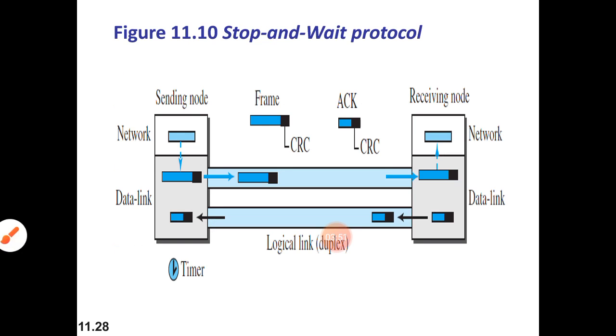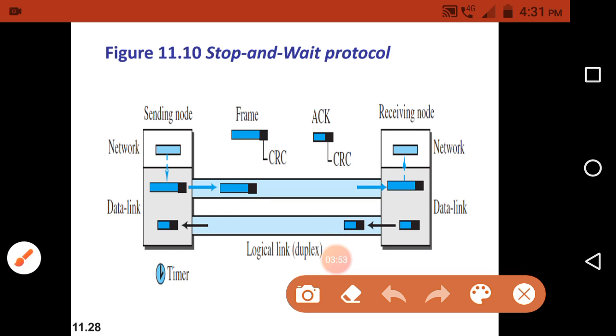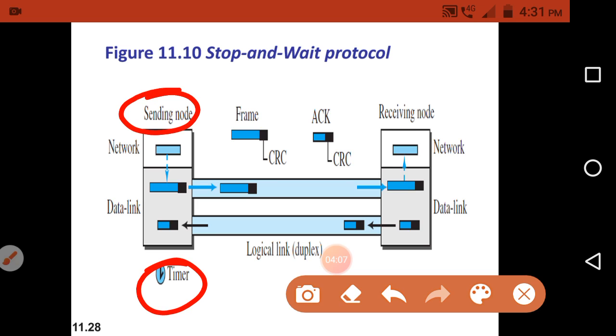If the sender does not get any acknowledgement within the time, the timer expires. Then the sending node assumes that the frame received by the receiver was corrupted, or that the frame was lost in the middle.